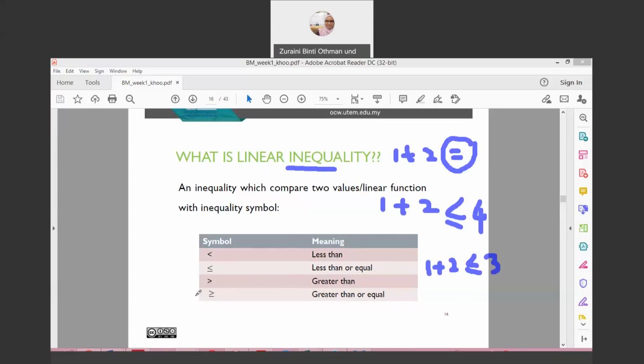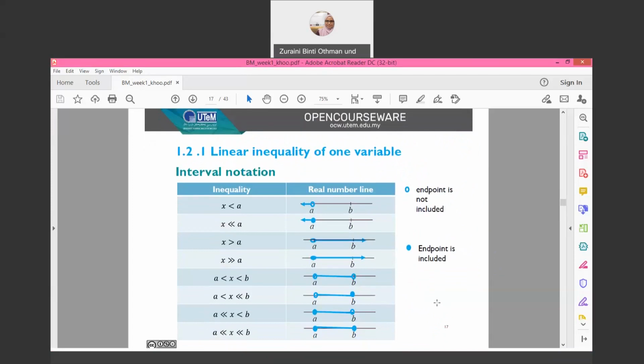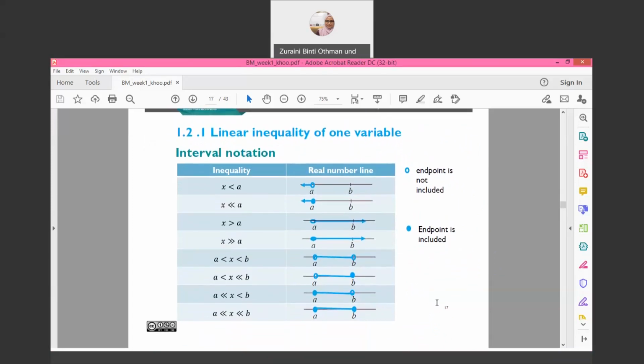Okay, so then greater which is lebih besar. Okay, meaning that for example 1 plus 2 is always greater than 0. Okay. Or we want to write it as 1 plus 2 is always greater or equal to 3. It's also true. Okay. This is the interval notation.